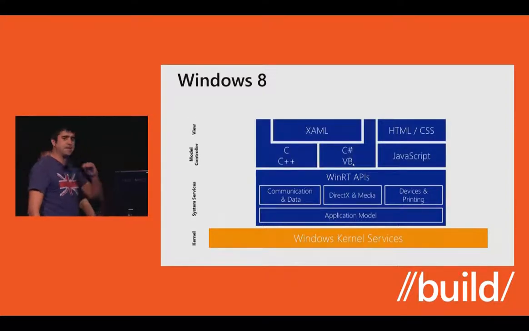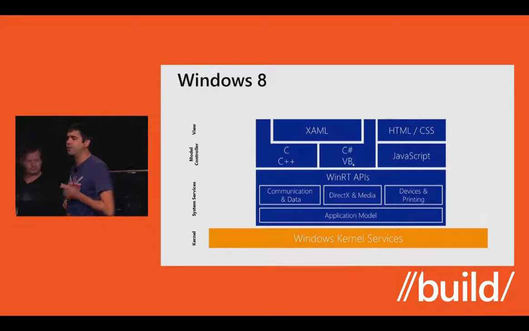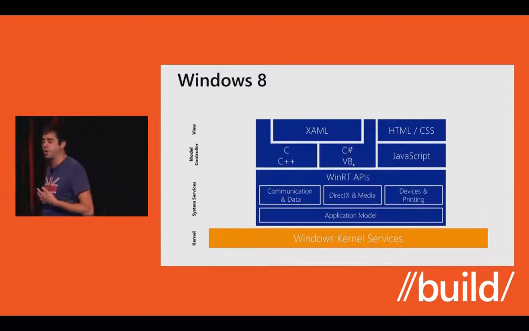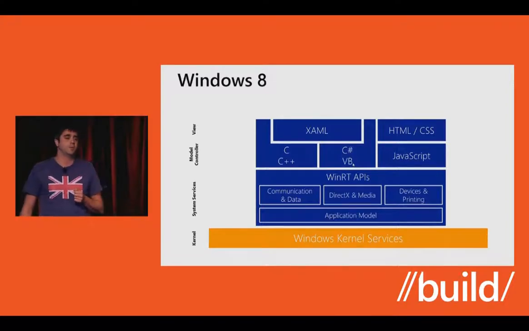On top of the base API surface, we have the presentation layer. And this is really the technologies that you're going to use for building your UI and your logic. And something new for Windows 8 is we finally decided to modernize the presentation technology for C++. Up until now, you've basically been stuck writing MFC apps or trying to choose some third-party presentation technology for C++.